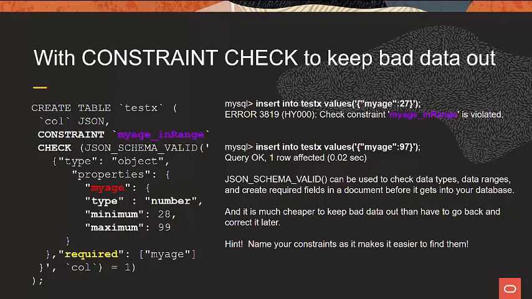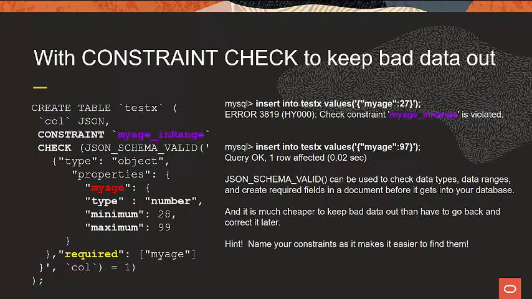So you can use JSON schema valid to do these types of data type checks, make sure that we're getting the type we want, range checks, and you'll see in a little bit that we can do it with the required field. Look back to the left, you'll see in bright yellow, required. So if you really need to make sure that you have that information in there, you add the word required and whatever objects that you want to make sure are in there.